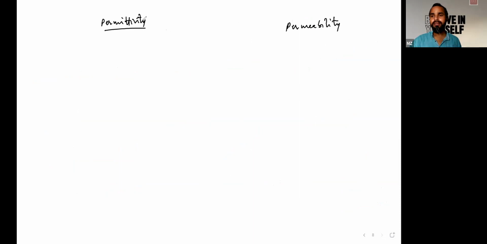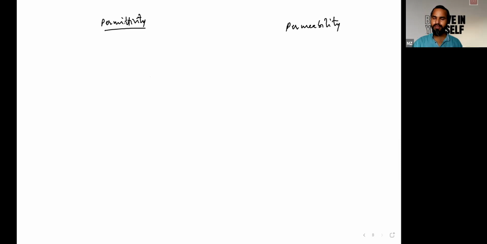Permittivity is nothing but the permitting or allowing tendency of a medium toward electrical interaction. So permittivity is defined as the tendency of a medium which enables the interaction of charge, or which enables electrical interaction in that medium. That tendency of the medium is defined by permittivity.